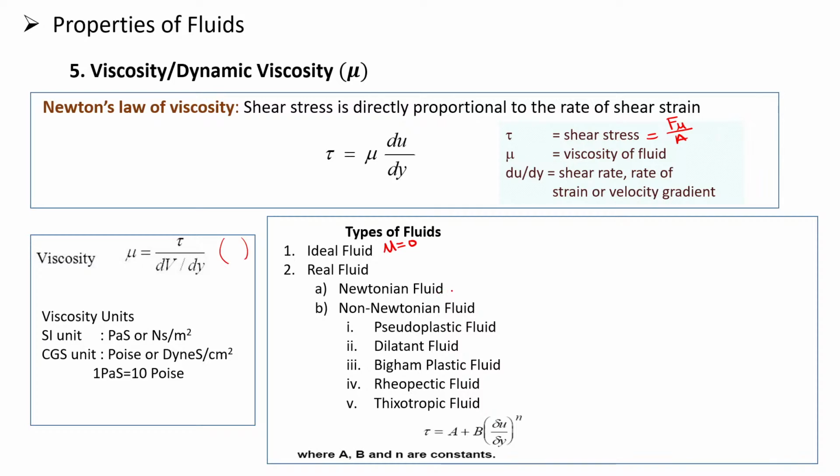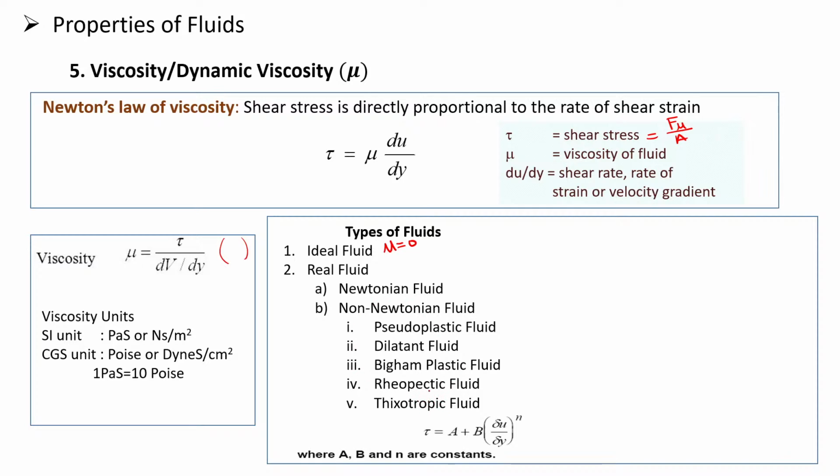Newtonian fluid means the fluid which obeys Newton's law of viscosity, that is known as Newtonian fluid. And the fluid which does not obey the Newton's law of viscosity, that is non-Newtonian fluid. Now in case of non-Newtonian fluid, there are several types like pseudoplastic fluid, dilatant fluid, Bingham plastic fluid, rheopectic fluid, and thixotropic fluid.